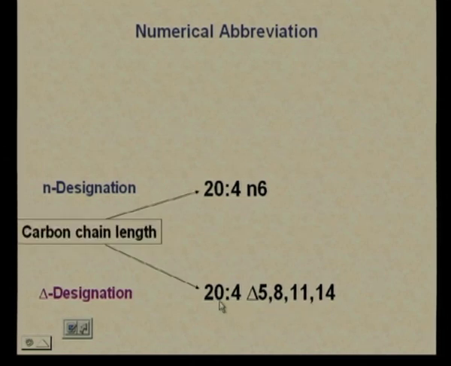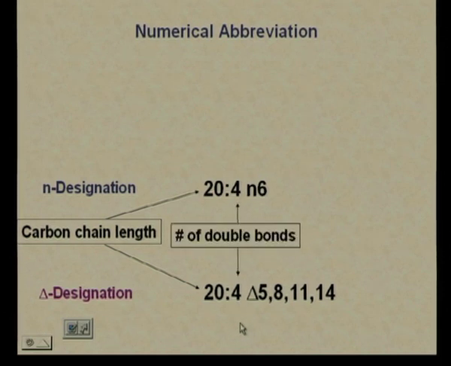The first number that you have here is the carbon chain length. So, it tells you how many carbon atoms you have. After the colon, you see another number. So, this 20 means that the carbon chain length is 20. The number after the colon designates the number of double bonds present.